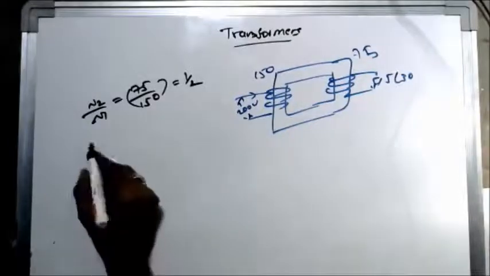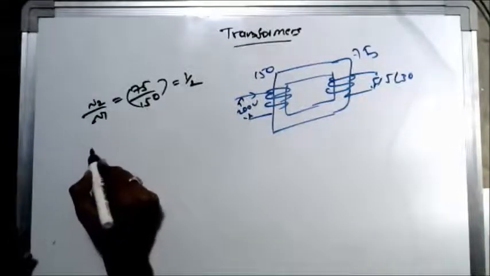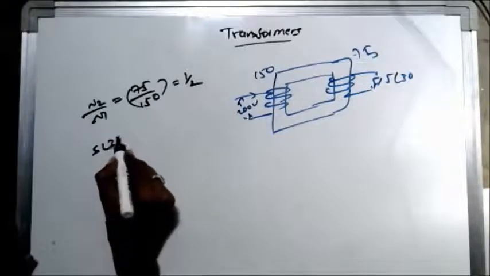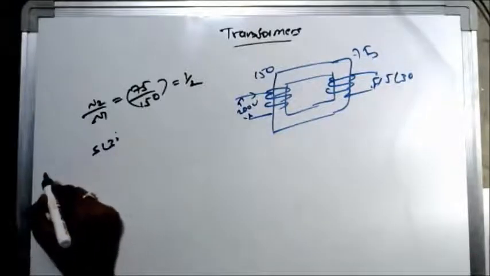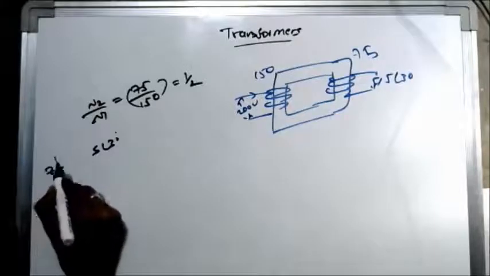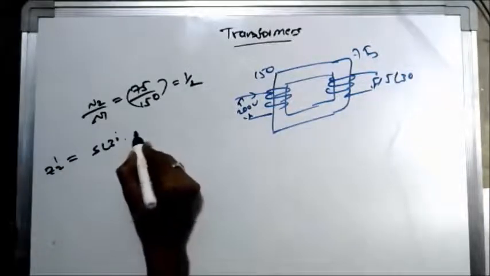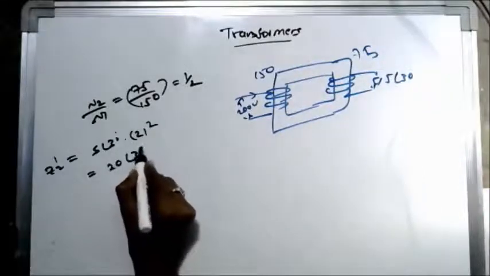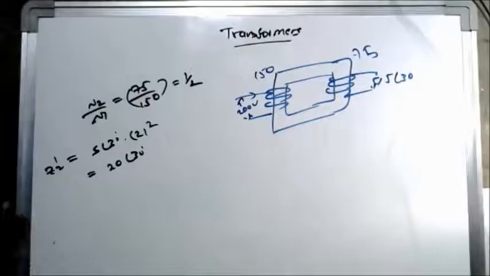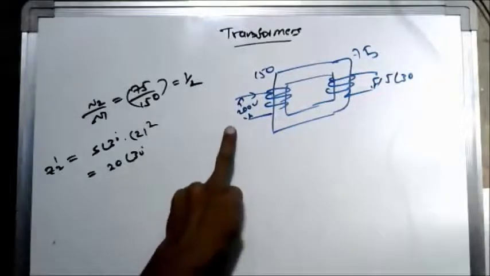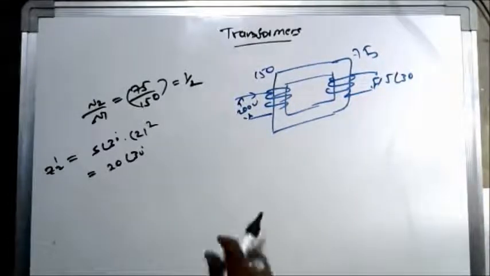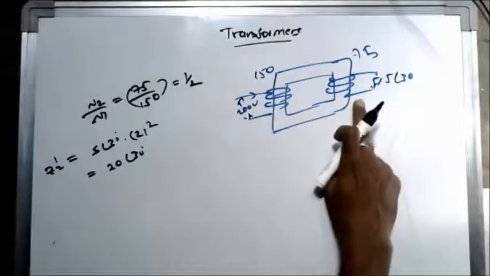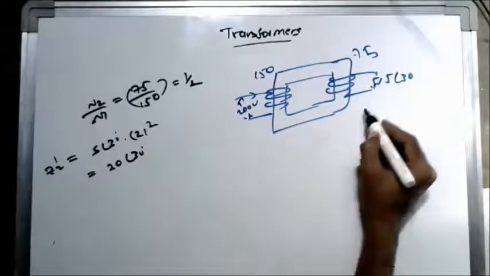Z2 dash is equal to 5 at an angle of 30 degrees into 2 whole squared, that is 20 at an angle of 30 degrees. Next, the secondary current can be transformed to primary current. First we refer the primary voltage to the secondary: 200 volts divided by 2 gives 100 volts.